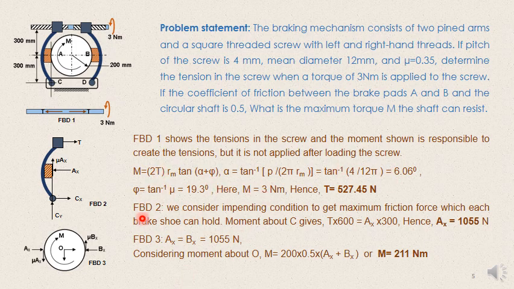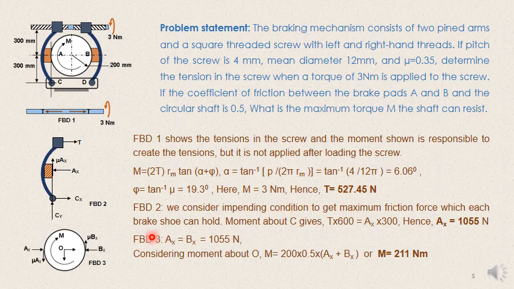M I know. In free body 2, we consider the impending condition to get the maximum friction force which each brake shoe can hold, because we want to know the maximum torque M the shaft can resist.